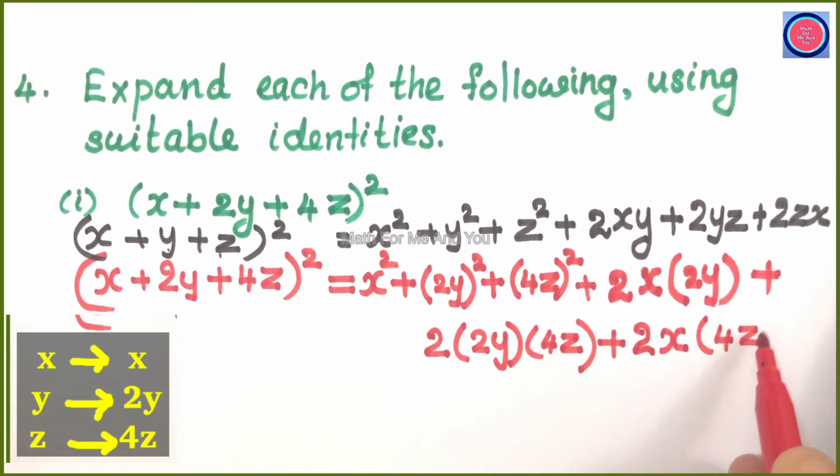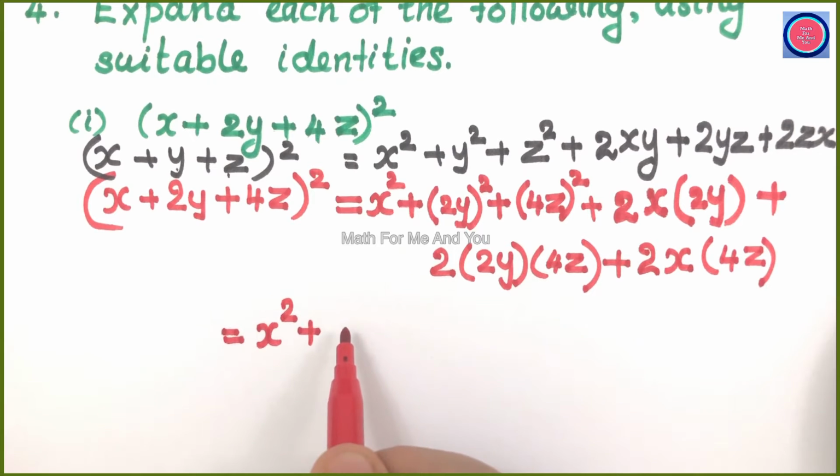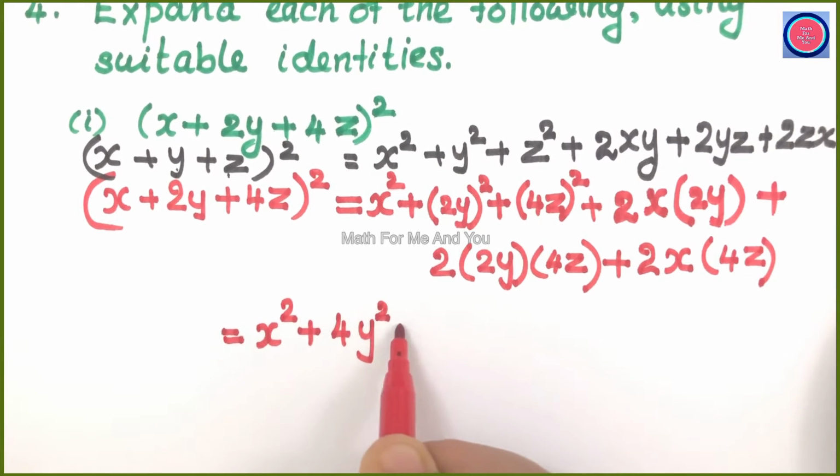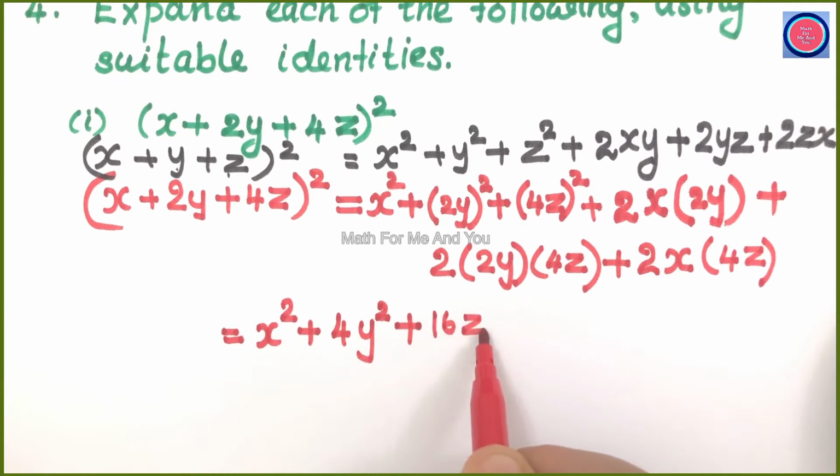Now simplify each term. The first term is x square, plus (2y) the whole square: 2 square is 4, and then y square, plus (4z) the whole square: 4 square is 16z square.